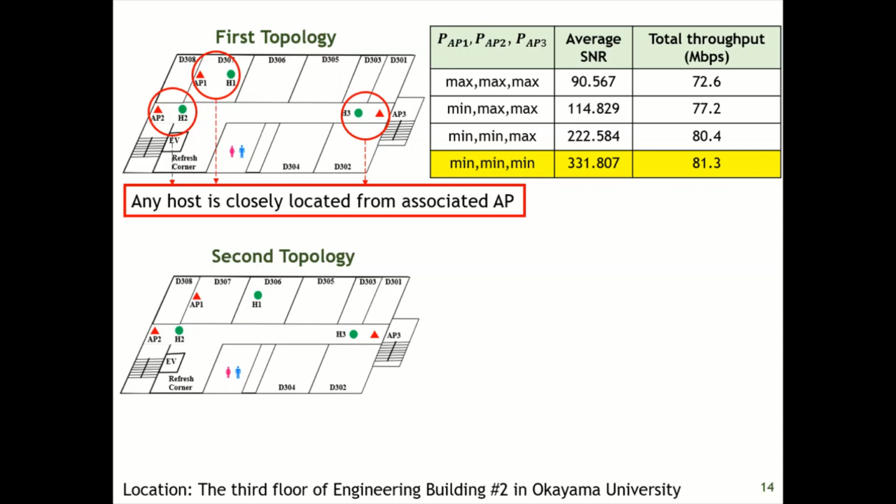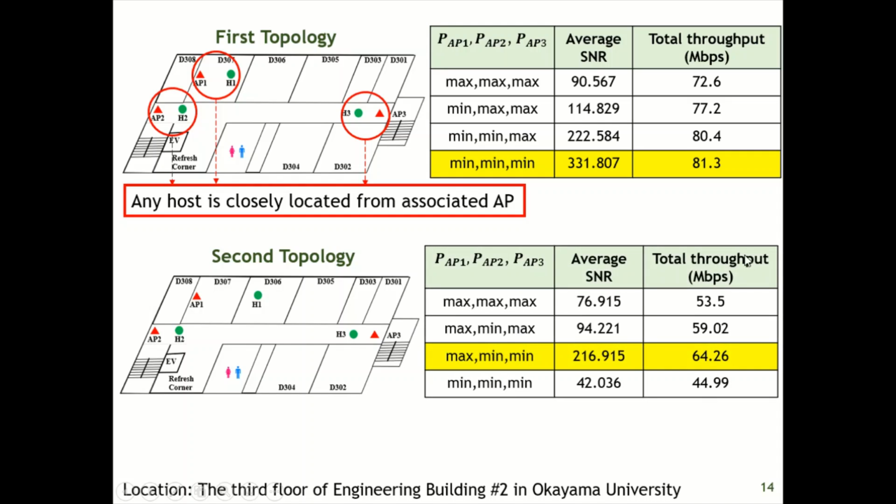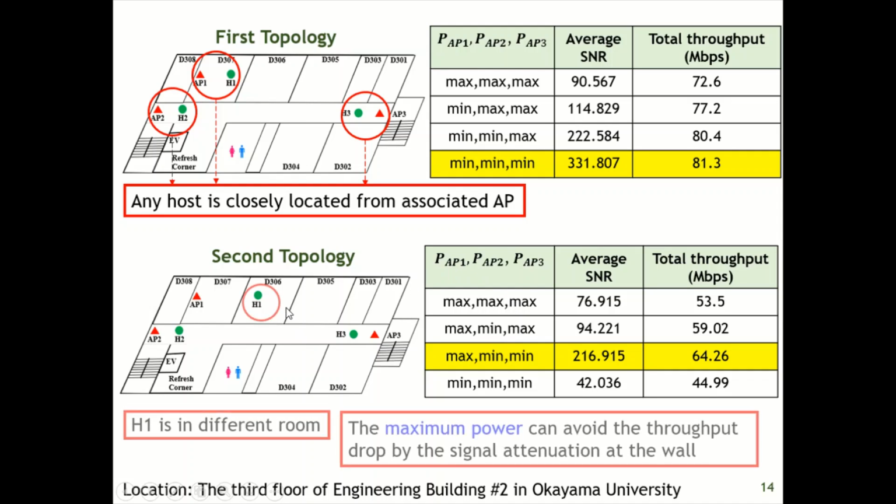Then, for the second topology, we move host 1 to the next room. Then this is the result for this topology. The method can select the best power for all APs. The best power for AP1 becomes maximum because host 1 is in a different room.